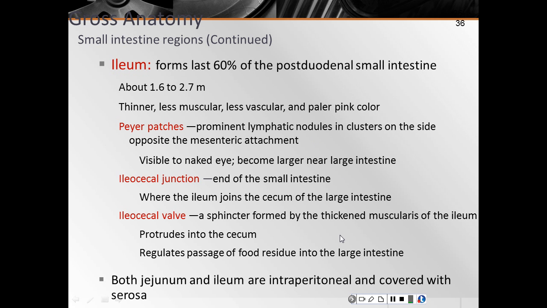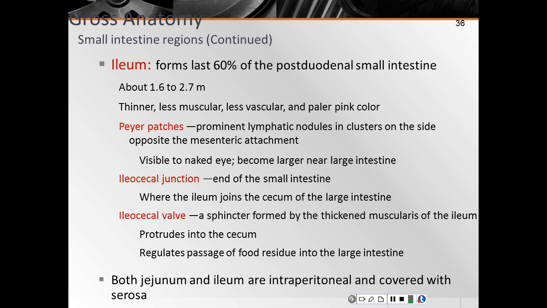Now, the end of the small intestine is the ileocecal junction, and that's where the ileum is going to join with the cecum of the large intestine. The muscularis of the ileum is thickened here to form a sphincter called the ileocecal sphincter valve, which is going to protrude into the cecum and then regulate the passage of food residue.